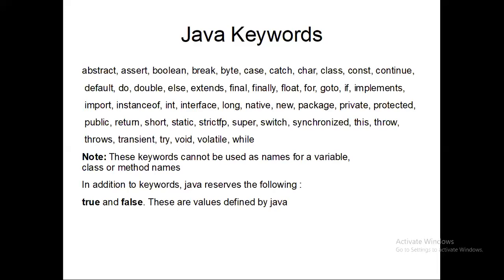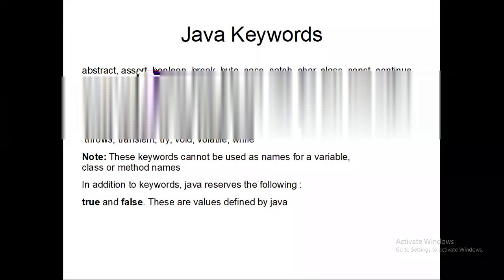Last two sentences you copy: in addition to the keywords, Java reserves the following, true and false. These are values defined by Java.